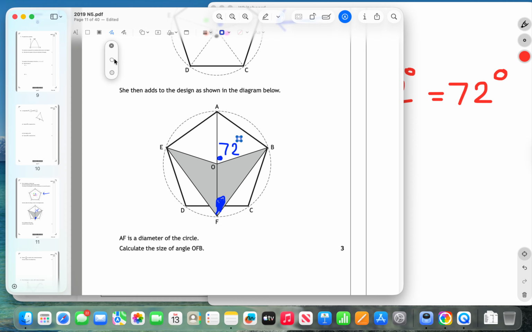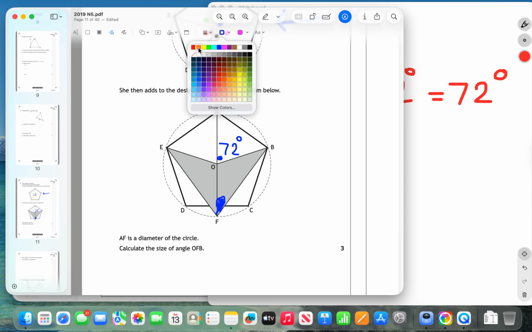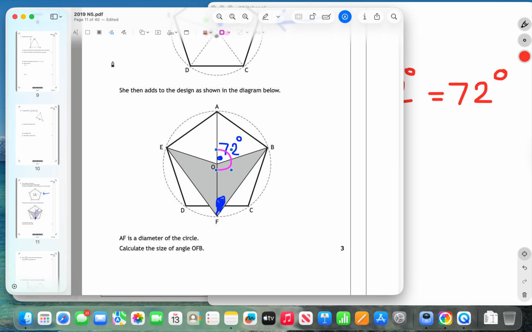Now the next big hint is we have AOF. Well, AF is a diameter. So what does that tell us? It tells us that this angle that I draw in pink has to be 180, because this is a straight line.